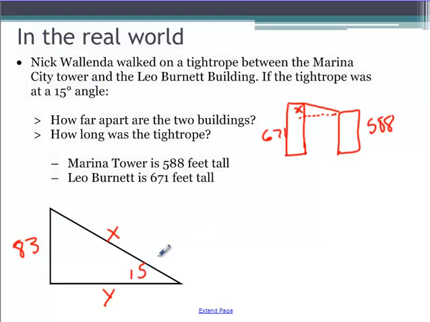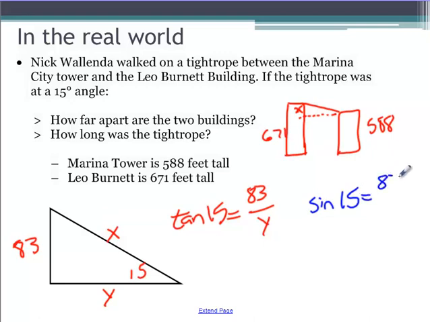I'm going to set up tangent. Tangent of 15 is the opposite side over the adjacent side. And then I'm going to set up sine, because sine is opposite over hypotenuse. So, tangent of 15, I'm going to cross multiply.